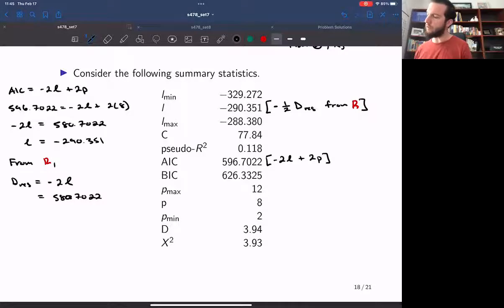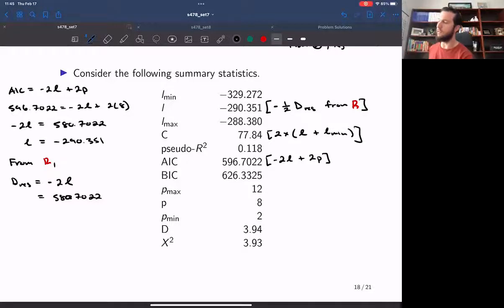Okay, the other values, so for example, C, which is our value to test the fitted versus minimal model, is computed in the normal way. So this is, for example, 2 times the log likelihood of the fitted model minus the log likelihood of the minimal model.